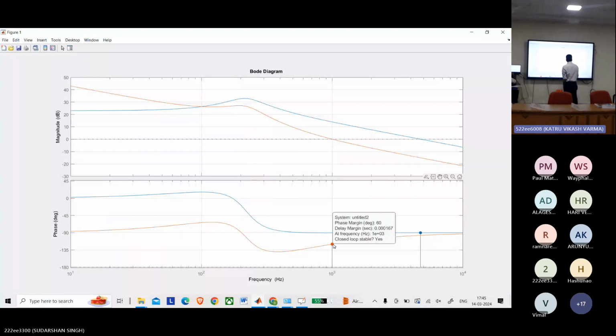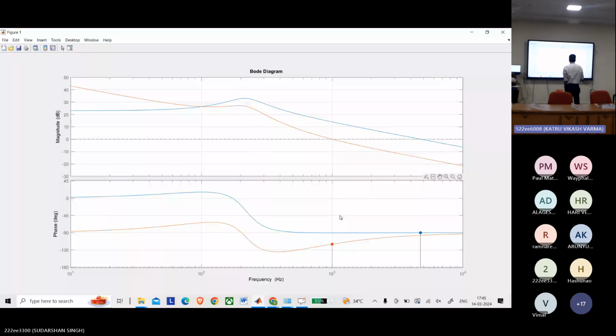So the margin is okay, but we have reduced the bandwidth. It may not match exactly because we may not consider the parasitics and other effects in the controller design. The phase margin is the most important thing, which is matching.